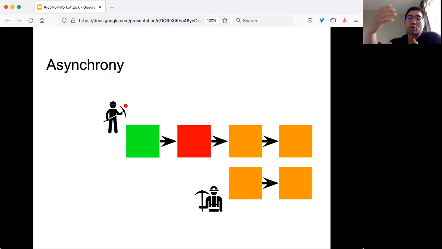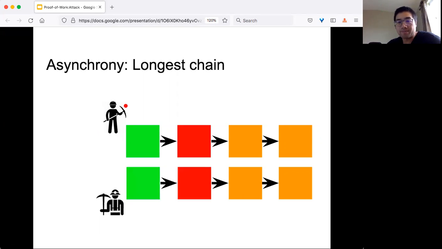So it should switch to the longer chain. Each miner will use the longest chain to decide which block he or she should work on.